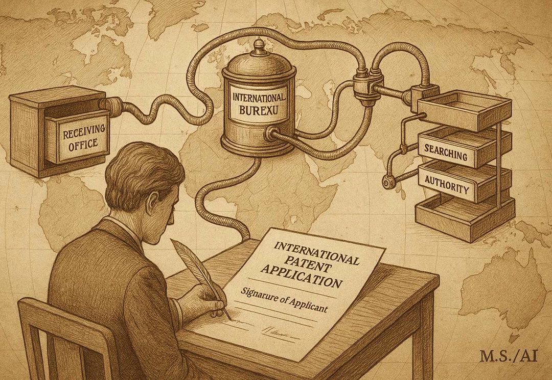Right. And finally, maybe just a little something for you, the listener, to think about, based purely on what we've discussed from this section. Consider how paying close attention to these very specific formal requirements, like the exact format of an S signature or the job title of the person signing for a company, or remembering that difference between what the receiving office needs versus what a national office might demand later. Yep.